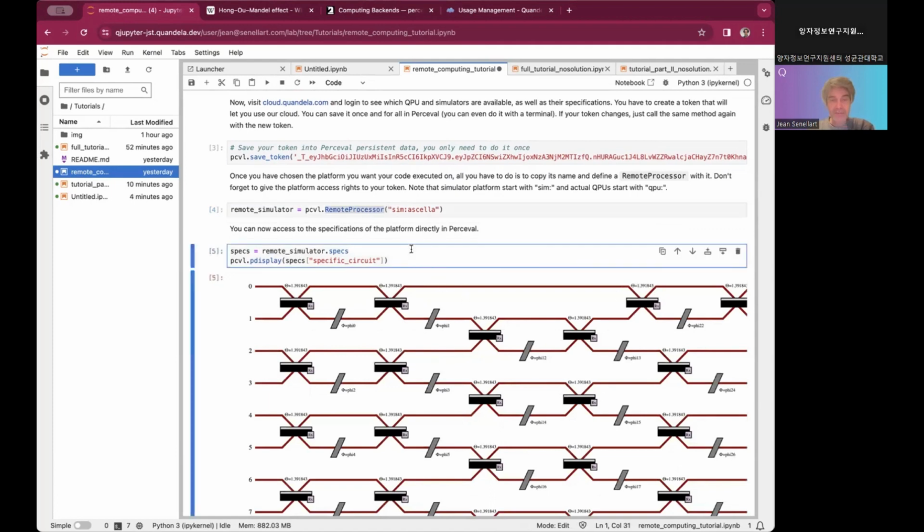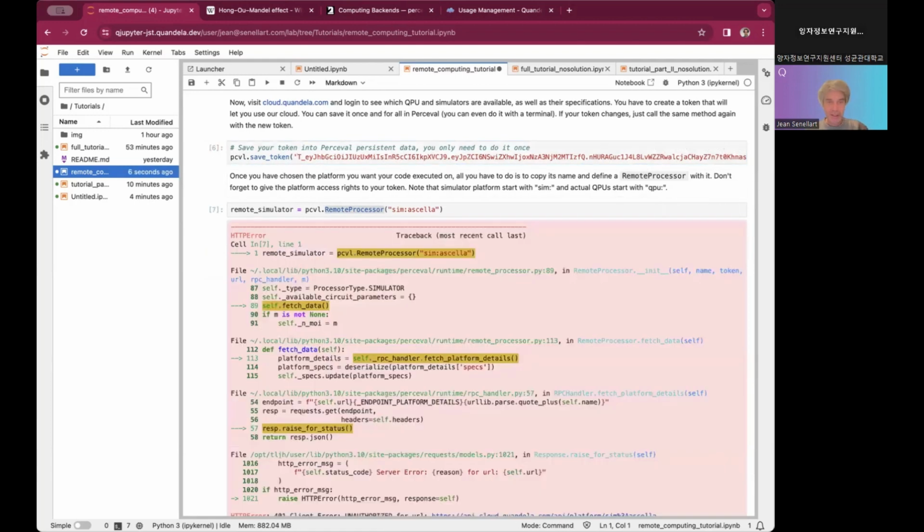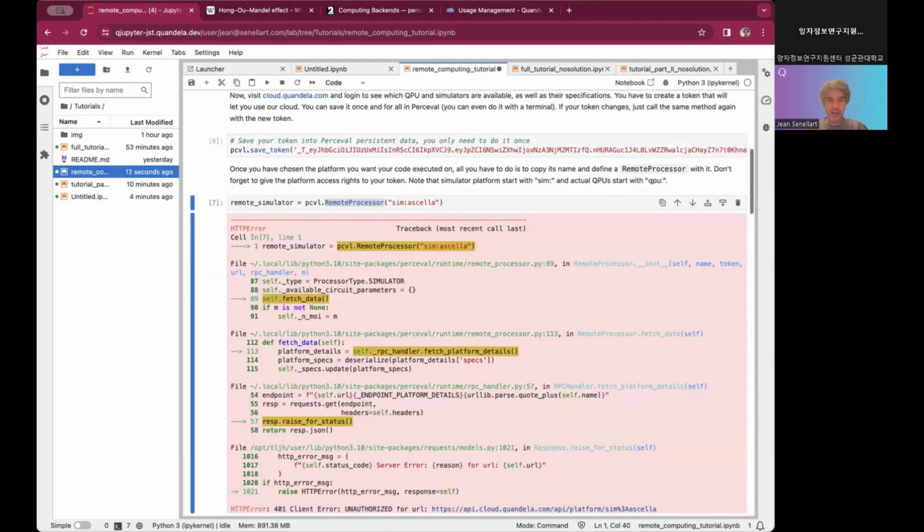It took a little bit of time, but you saw that we actually connected to the cloud with my token, and we can check that because if I put in a wrong token here, then I have an error. So that means that my connection is working correctly.